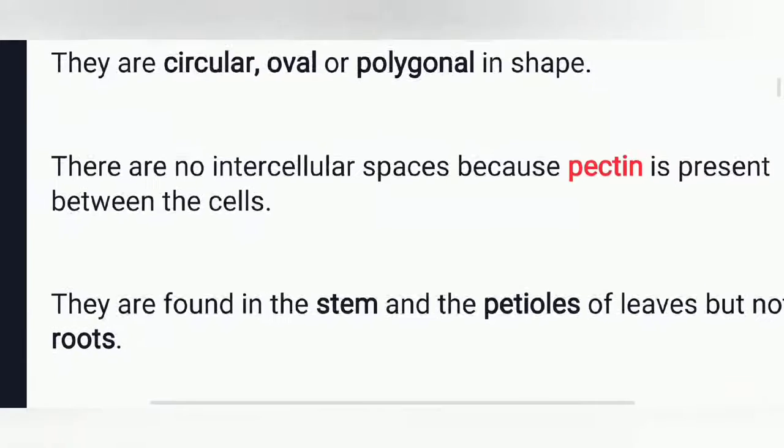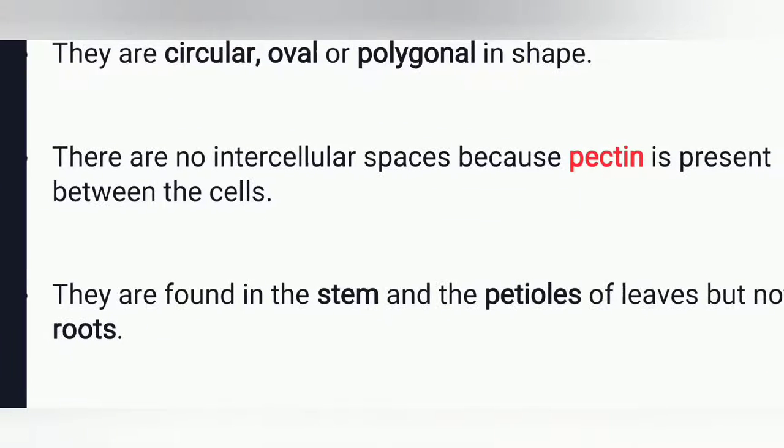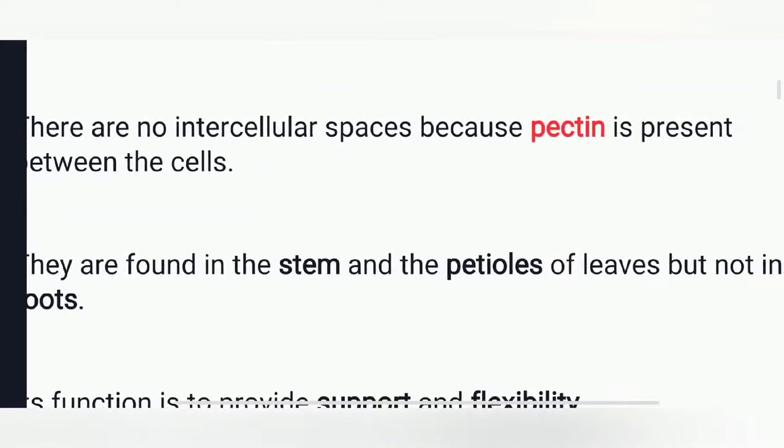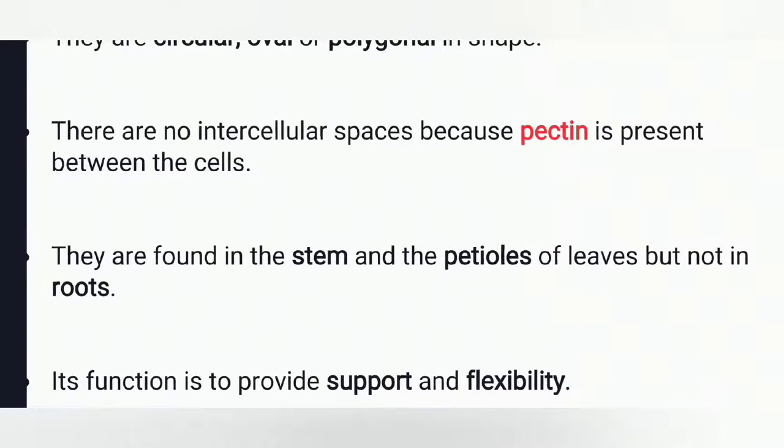They are found in the stem and the petioles of leaves but not in roots. Petiole, I think we might have known, is the thin slender stalk beneath the leaf.